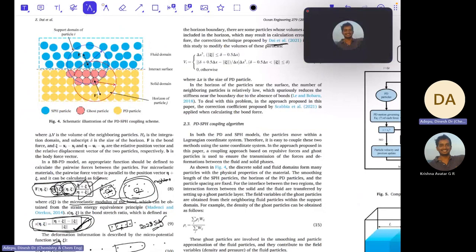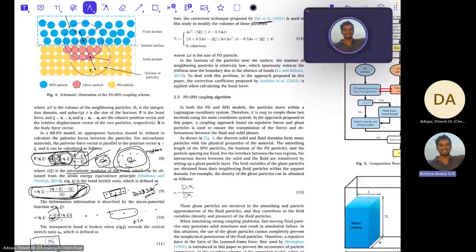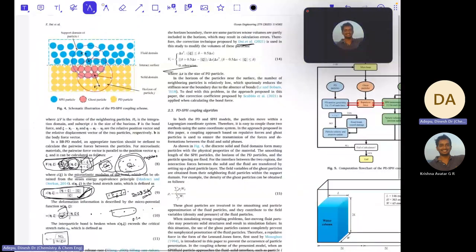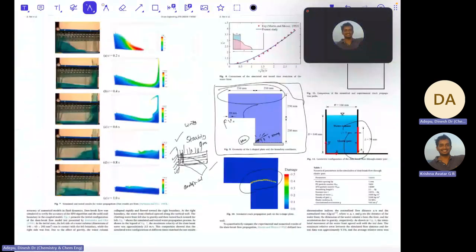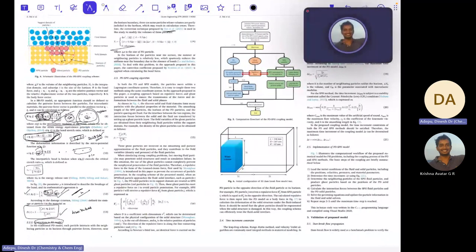He takes the PD Dynamics paper corrections, develops SPH, and couples these two. So he actually modifies some volume findings, right? Yes, near the free surface, I think. This is how simple it is, bro.